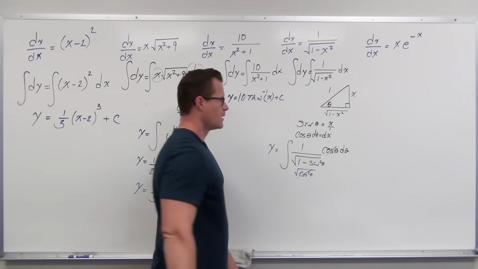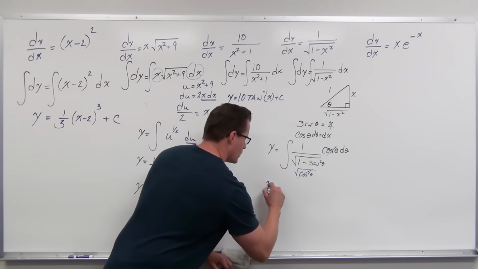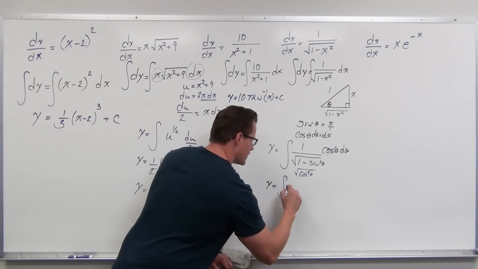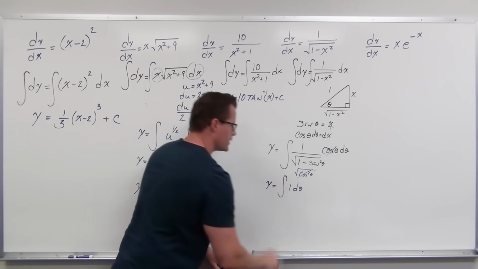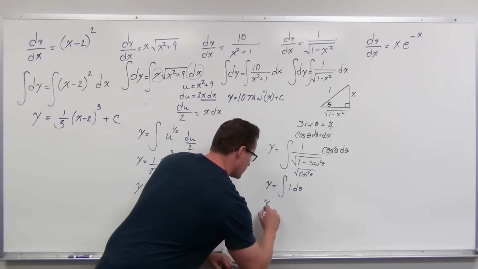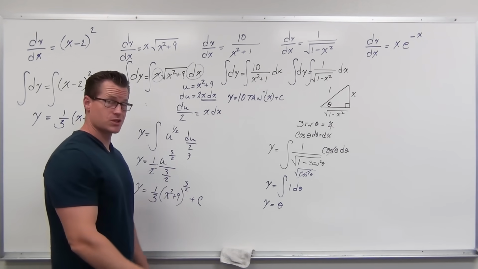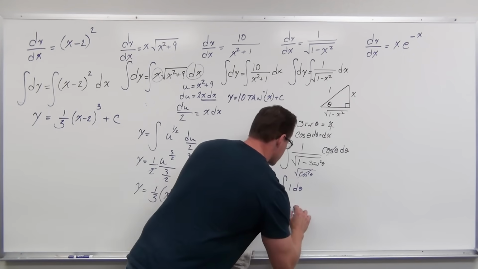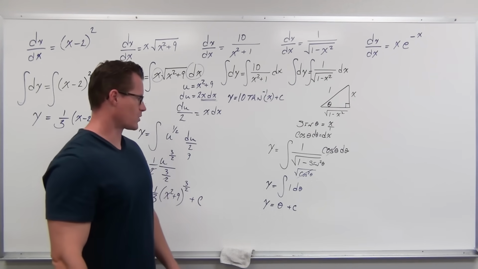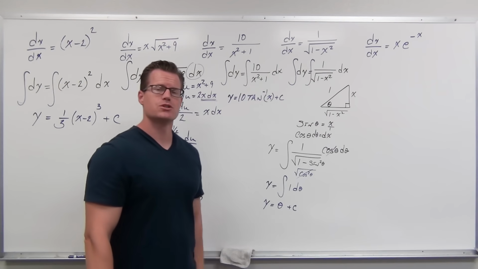These are gone. All we're going to have is y equals an integral of d theta, or 1 d theta. Y equals theta plus c. Oh, how in the world am I going to do that? That's what our substitution's for.